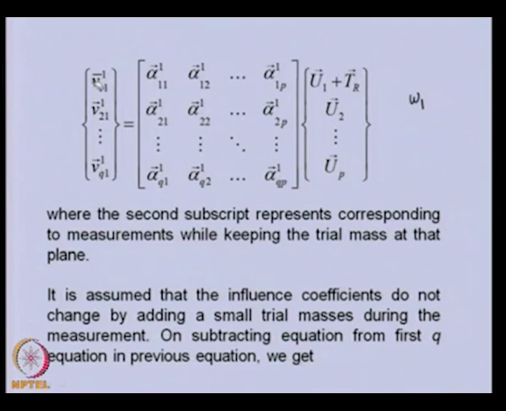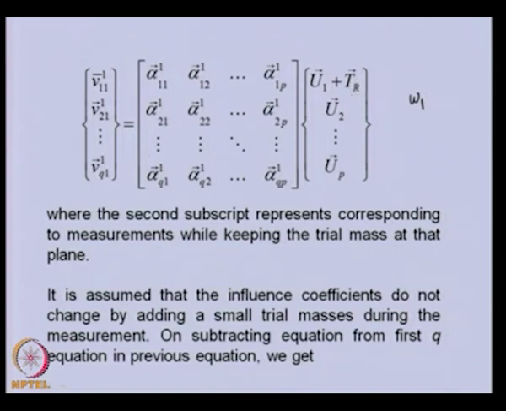So, earlier it was V1 only when the residual unbalance was there. Now, we are keeping an additional trial mass. So, we expect that there will be some change in the response, and that particular response we are differentiating here as representing subscript 1 2 1. So, the second subscript is representing that we have kept the trial mass in the first plane.